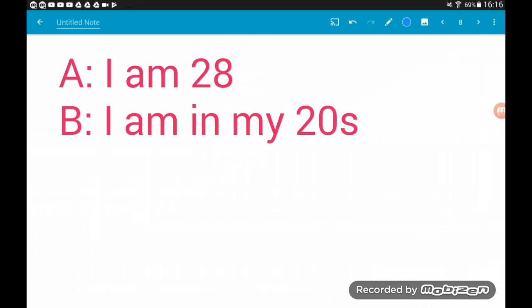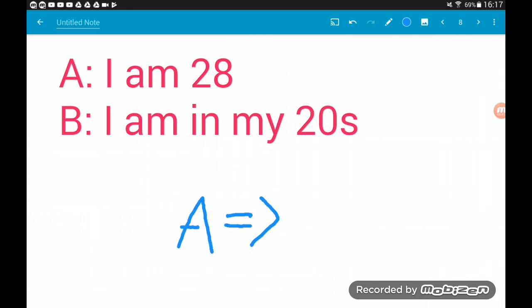So, do we have any implications here? If I am 28, am I definitely in my 20s? Yes, I am. So we at least know statement A implies statement B. Now, we have to check the other way around.